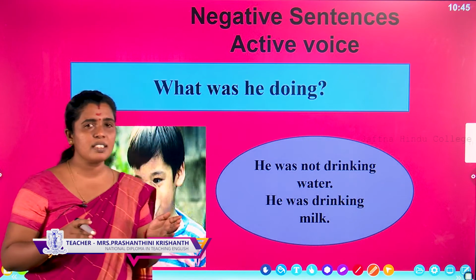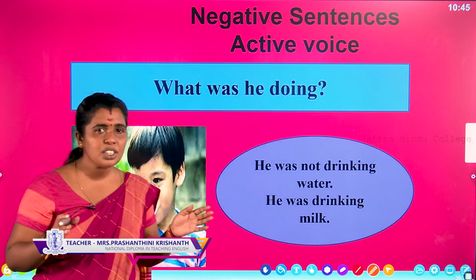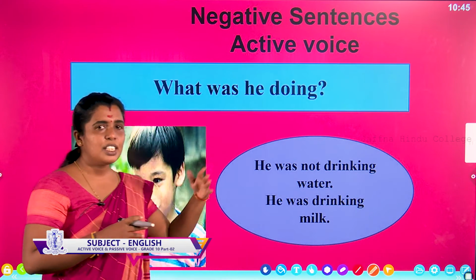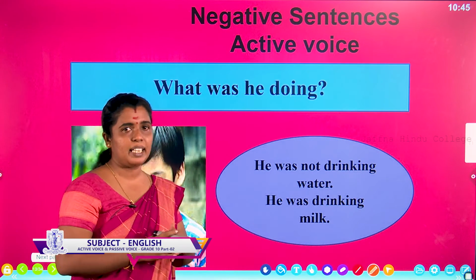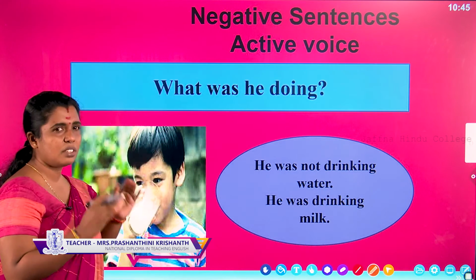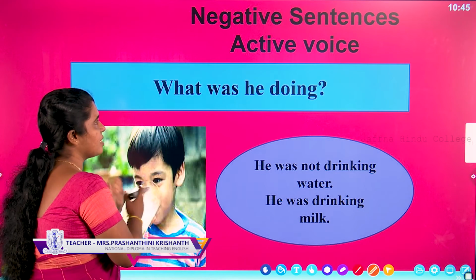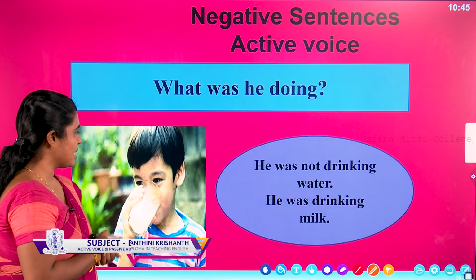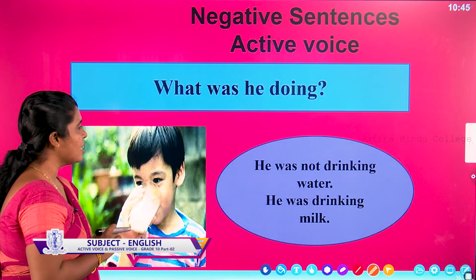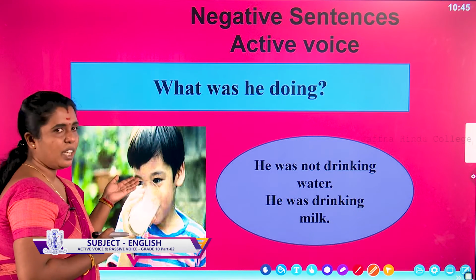I was teaching Sinhala. I wasn't teaching Sinhala. She was playing piano. She wasn't playing piano. So, we are adding not here. So, see this example. What was he doing? So, he's a small boy here. What was he doing?